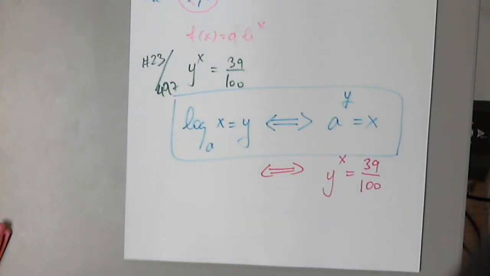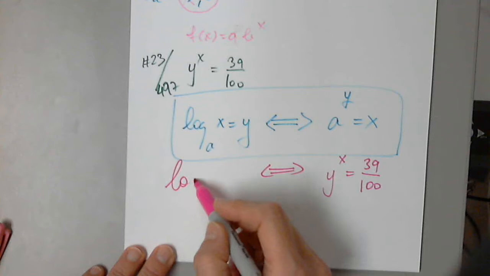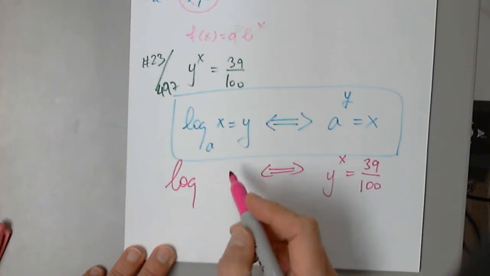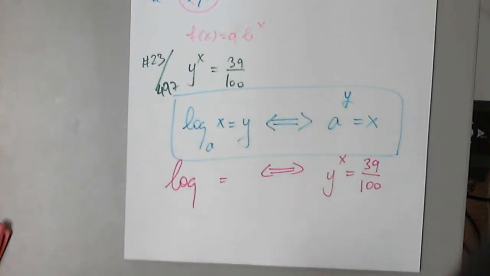All I have to do is identify what goes as the base, what goes as x, and what goes as y. Not difficult. Let's look at the right-hand side, because I have to start with the base. Can anyone tell us what is the base on the right-hand side? Y. What do we raise the base to?